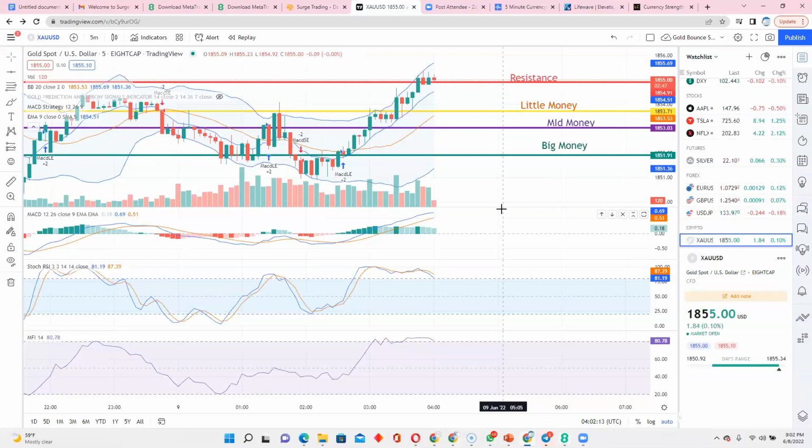We definitely want this resistance line to win the battle, like a force shield to come back down in. Let's go.